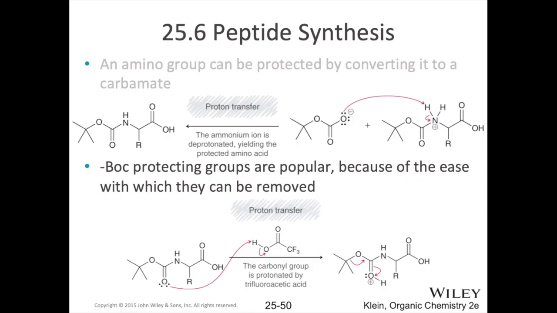All right. Now, the other reason that these BOC protecting groups are very useful is that when we're done synthesizing our peptide, we need to return that N-terminus back to being an amine, right? So it's actually relatively easy to remove that BOC group once you want to. To do that, you use trifluoroacetic acid. Basically that will protonate the carbonyl oxygen of your BOC group.